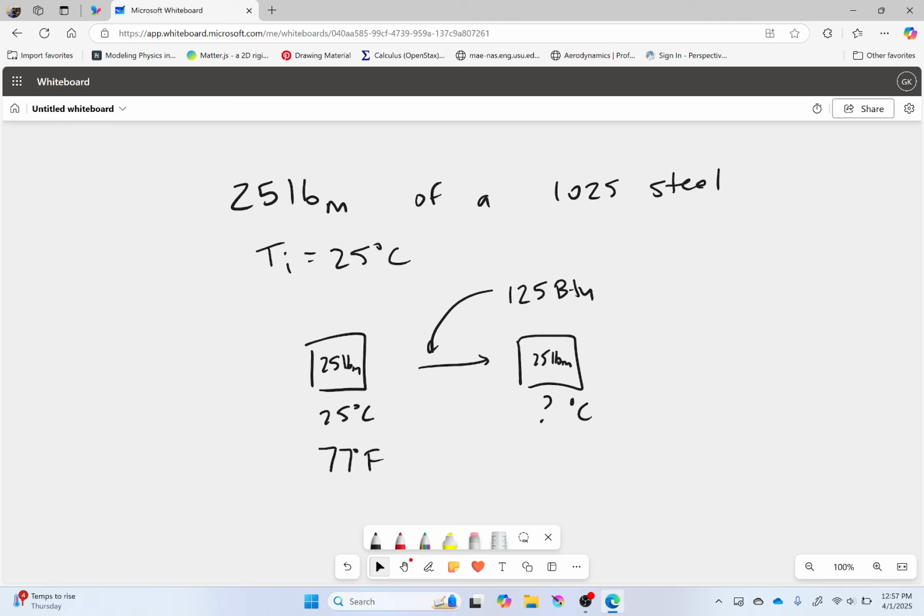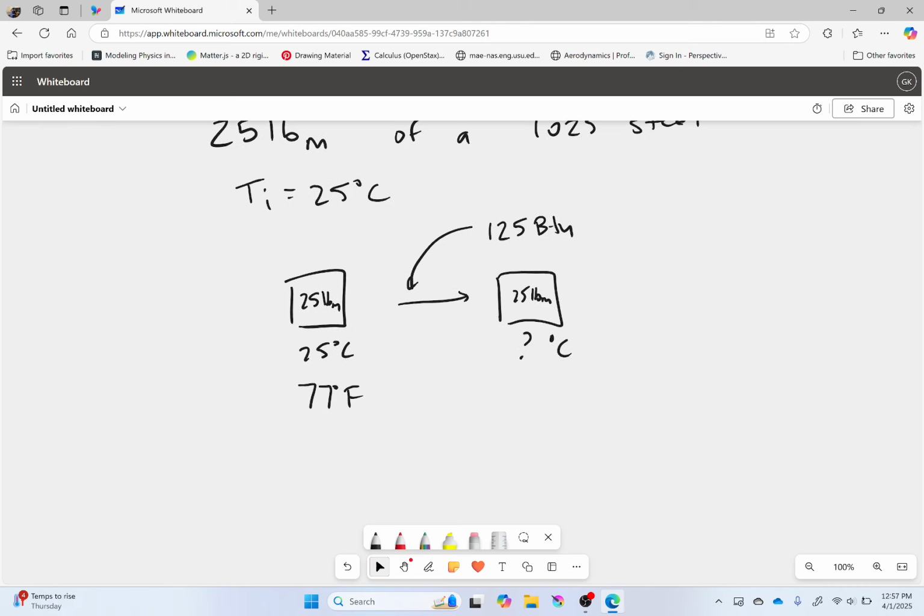But seriously, it's not that hard to do the conversions. So don't worry about it too much. It's just 25 times 1.8 plus 32. That goes to 77 from Celsius to Fahrenheit. So long as that math works out properly. It does. Good.